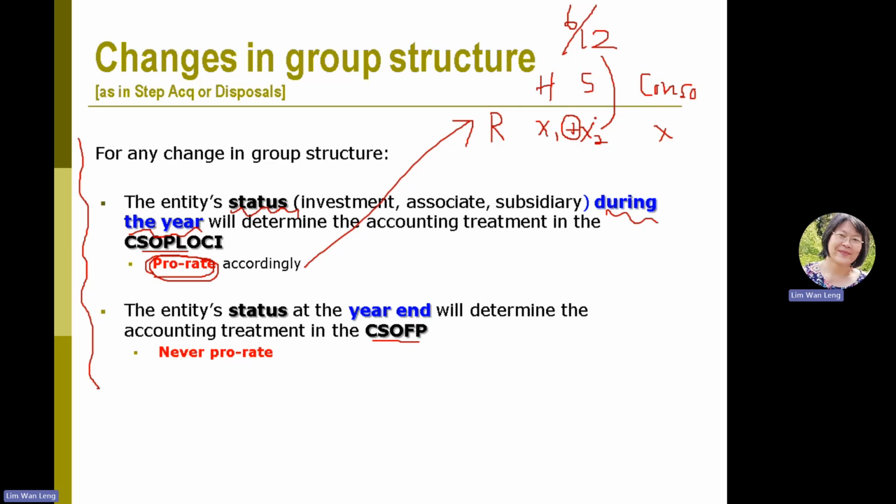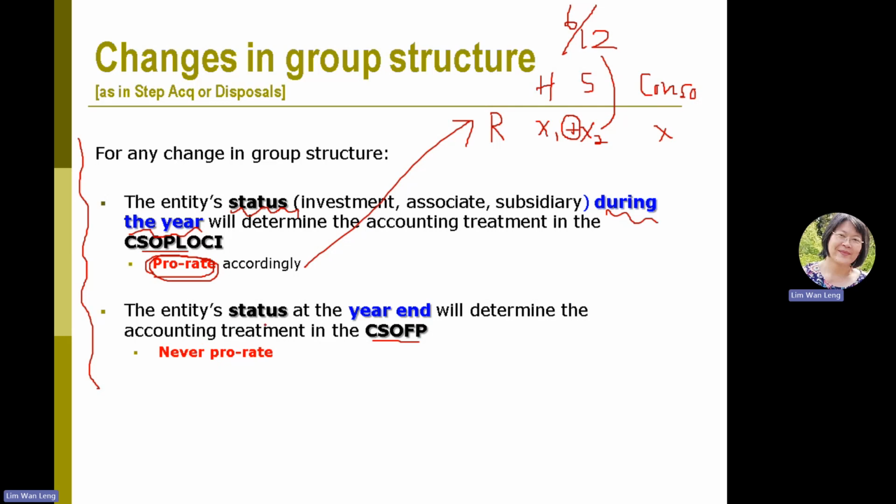So you don't take the whole thing, but you just need to pro rata accordingly. So if first 6 months subsidiary, last 6 months also subsidiary, what do you do? Just add across. Okay. The only difference is in the profits attributable to the NCI. So you just have to be careful on that part.